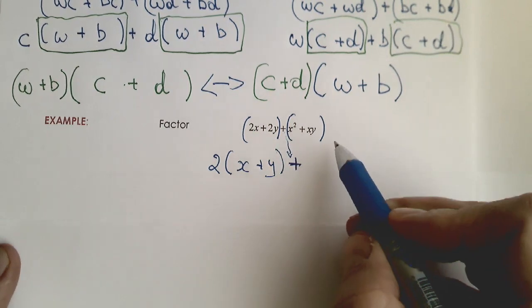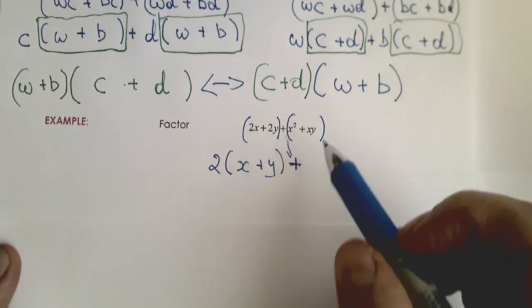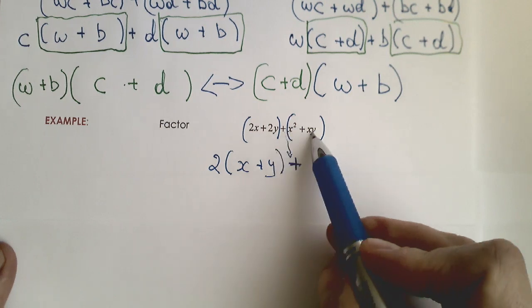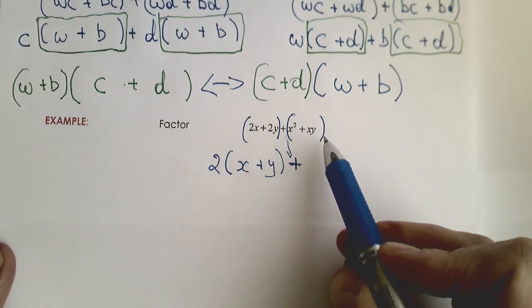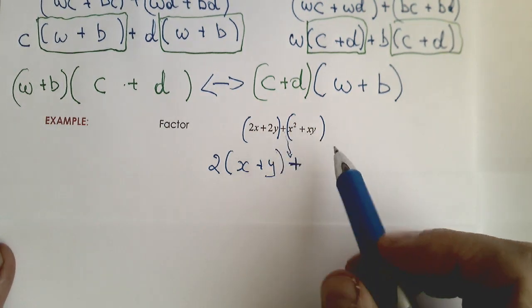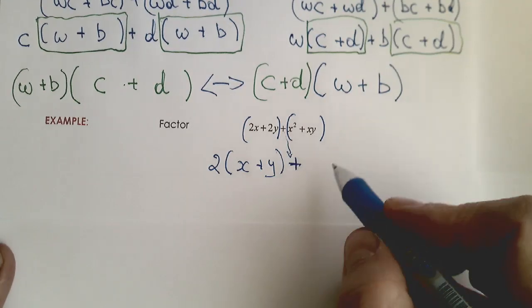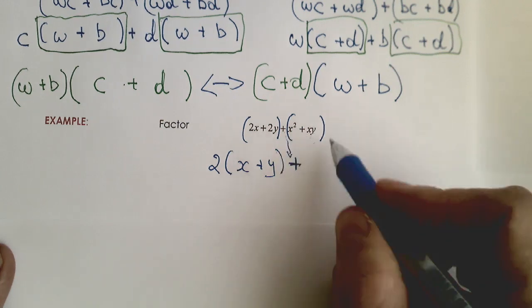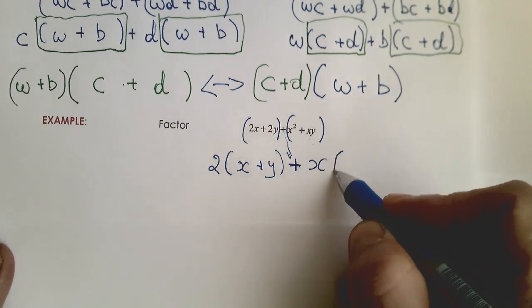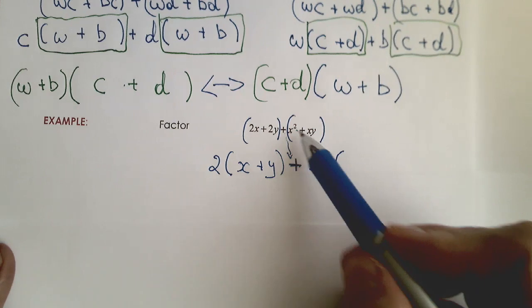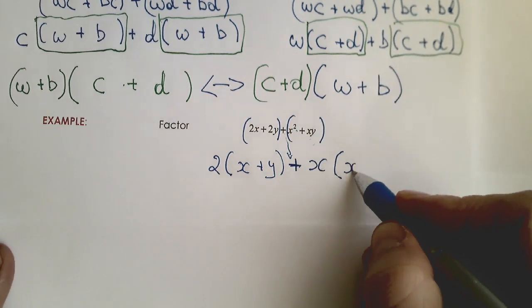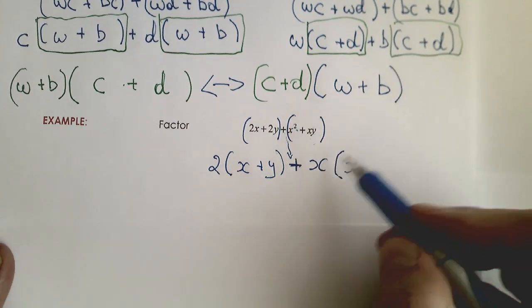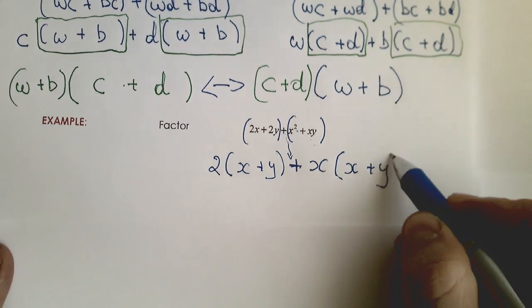And in the second one, what's in common is x in both of these terms. We already know that the greatest common factor with respect to x will be the one that has a lower power out of these two. So it's x. And what I will have left over is x squared divided by x is x, and xy divided by x gives me y.